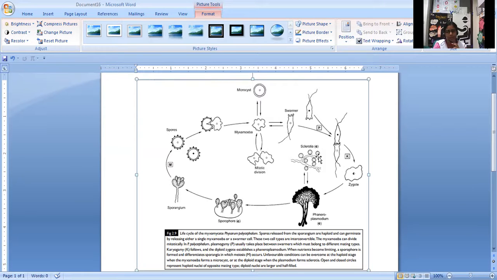Unfavorable conditions can be overcome at the haploid stage, when the myxamoeba forms a microcyst, or at the diploid stage, when the plasmodium forms a sclerotium.